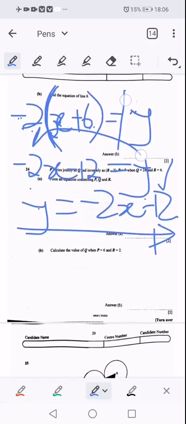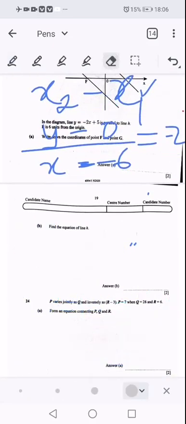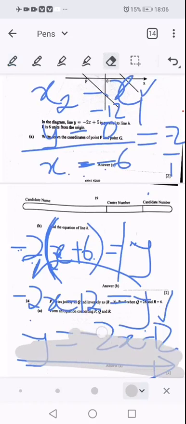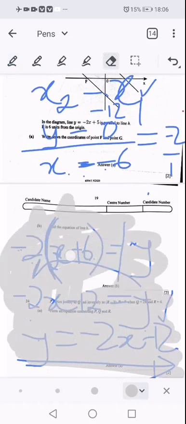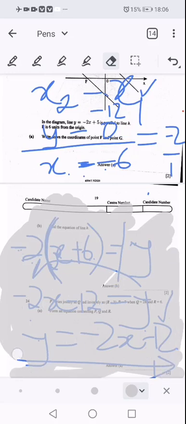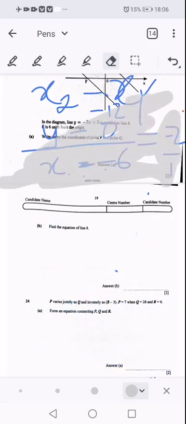Okay, I think you are being assisted. So as for today, we are going to end here. I hope you are being assisted with this kind of revision. Don't joke, my friend. What we are doing here is what is in the exam.